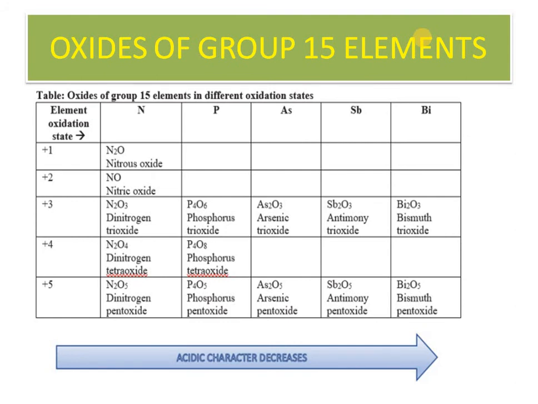Now these are oxides. Oxides of group 15 elements like nitrous oxide N2O, nitric oxide NO, dinitrogen trioxide N2O3, dinitrogen tetraoxide N2O4, N2O5. Now what can you observe if you go from nitrous oxide to dinitrogen pentoxide? What are you finding? The oxidation state is changing.